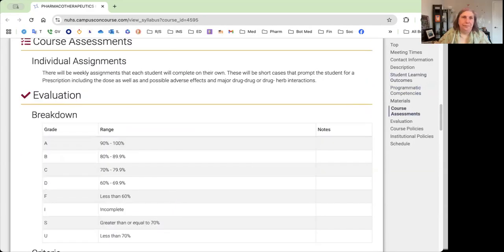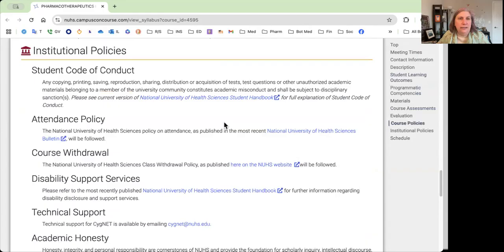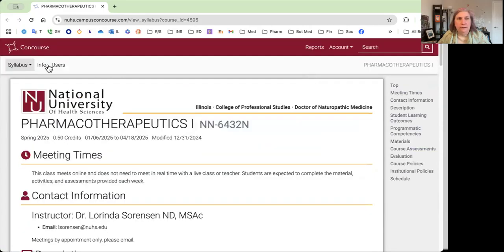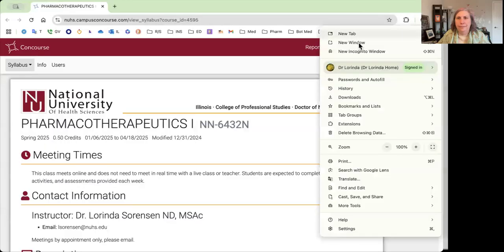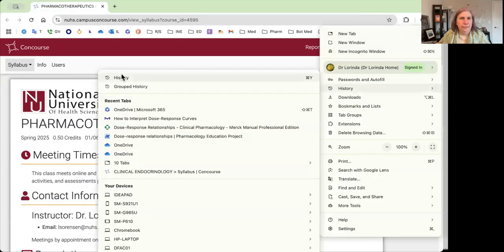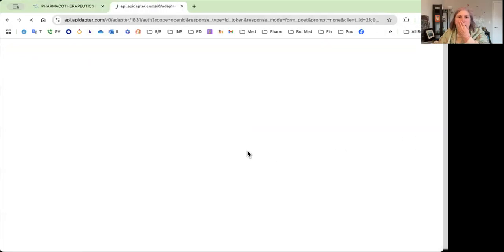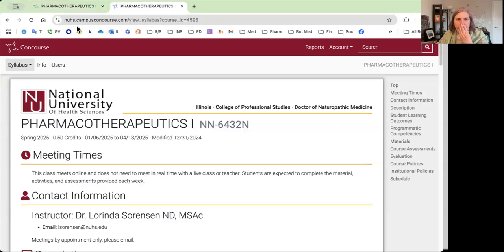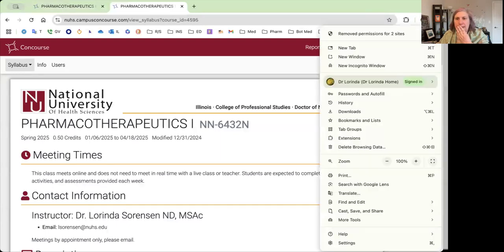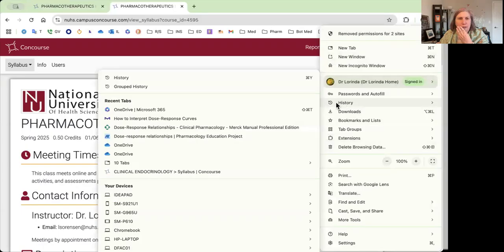I don't know why that's not here, so let me actually see if I can find it. That's weird. Sorry, I'm taking so long. Oops, I did exactly the same thing, because Concourse is kind of weird this way.